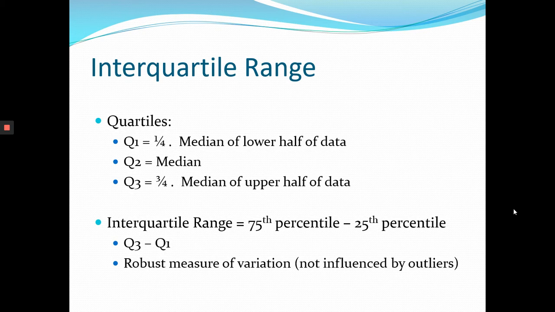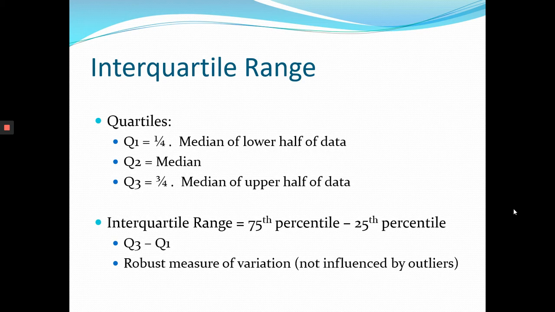So we're dividing our sample data into quarters with 25% of the people in each of the quarters. And the interquartile range is Q3 minus Q1, which is the person at the 75th percentile, where 75% of the people are below them, 25% are above, and then the 25th percentile, where 25% of the people are below them, 75% are above.